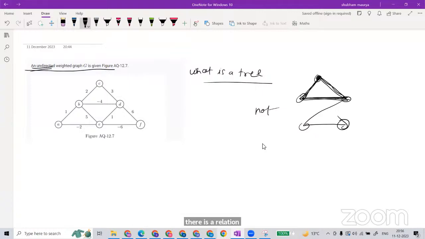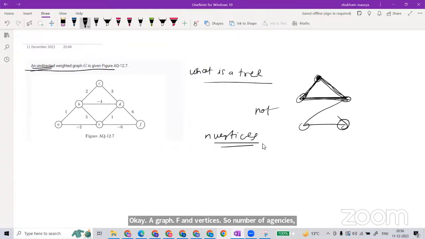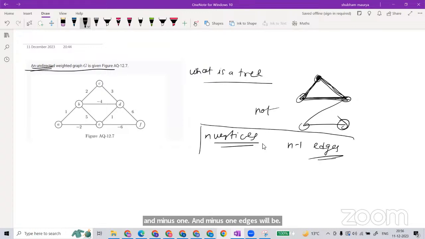Suppose a graph has n vertices, then the number of edges will be n minus 1. So simply, the definition of a tree is a connected graph which does not contain any cycle.